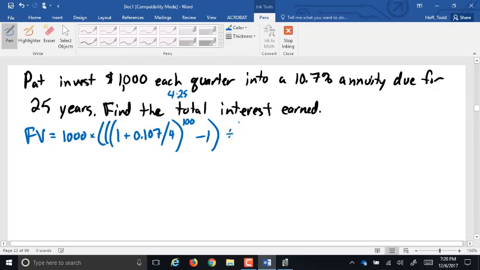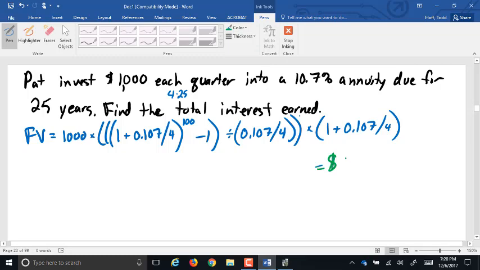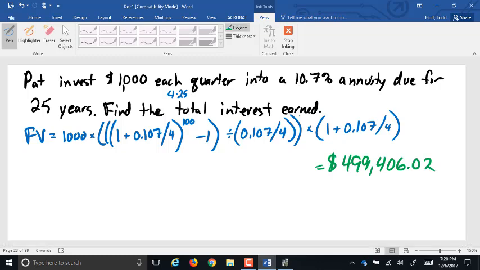Close. Open. 0.107 divided by 4. Close. Close. Divided by 4. Okay, so what did we get for that balance? 499,406.02. Does that look right to everybody? We concur?